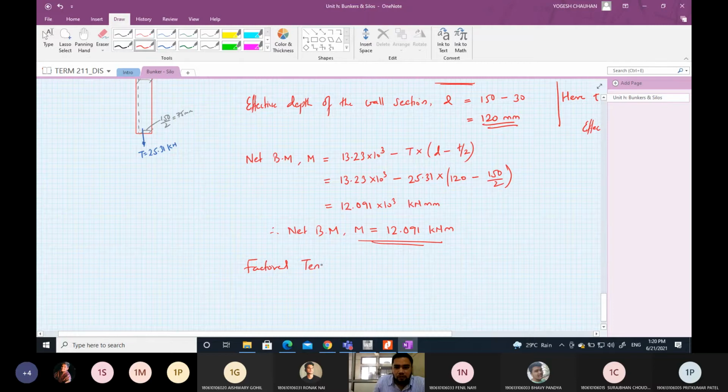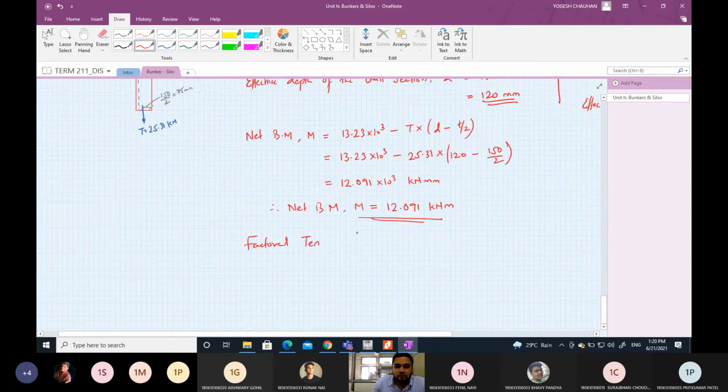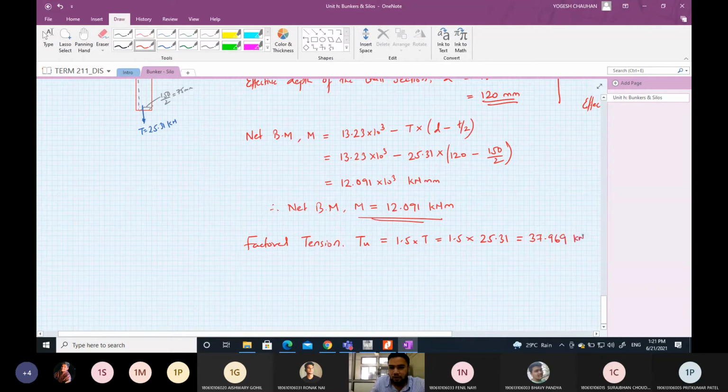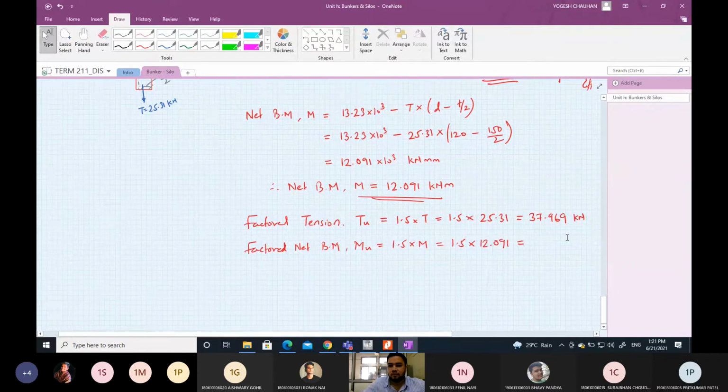So factored tension Tu is equal to 1.5 times T, that is 1.5 into 25.31, so that will be 37.969 kilonewton, and factored net bending moment, we call this as Mu, 1.5 into M, that is 1.5 into 12.091, so that will be 18.136 kilonewton meter.